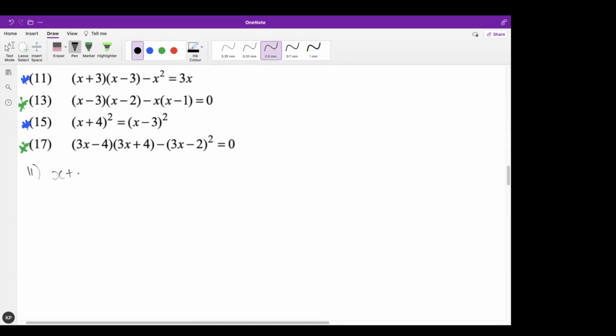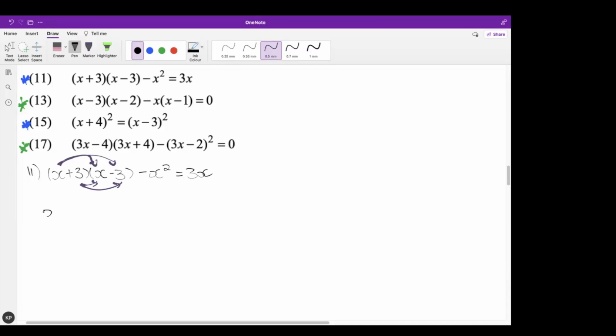We have x plus 3 times x minus 3 minus x squared is equal to 3x. Great. The first thing we need to do is expand these brackets. We have a binomial with a binomial, so I'm going to FOIL: first, outer, inner, and last.